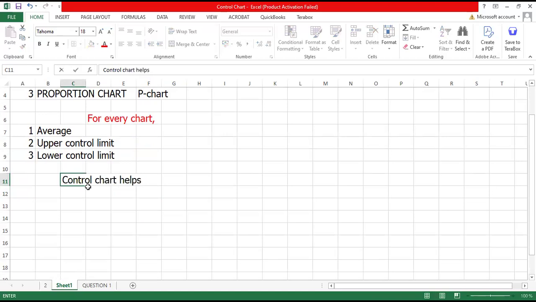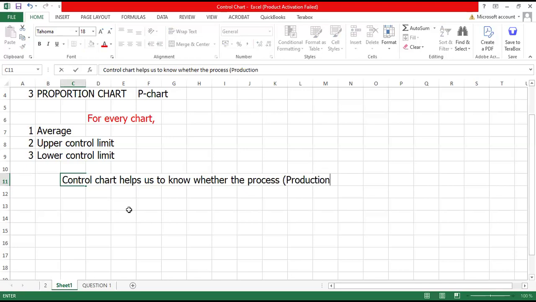Control chart is going to help you to know whether the process, it could be the production process.